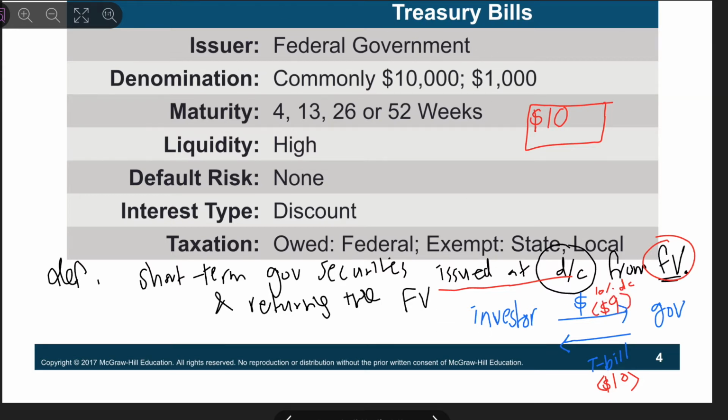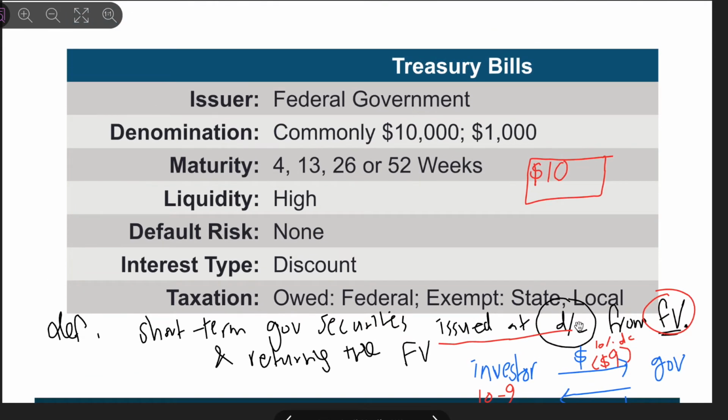So the sequence is the investor invests less money, the discounted value, and then the government pays you back the whole face value. So in return, you are gaining 10 minus 9, a dollar, from this transaction. This is the concept of the T-bill. So let's look into that.